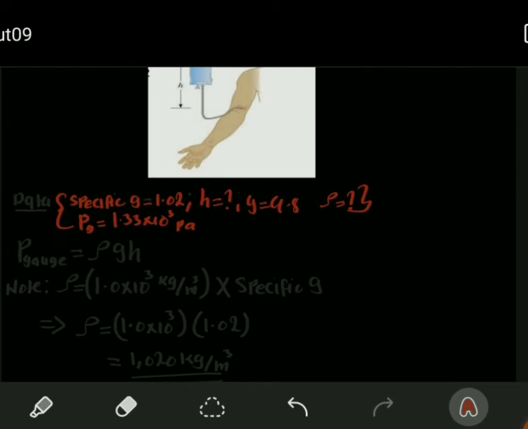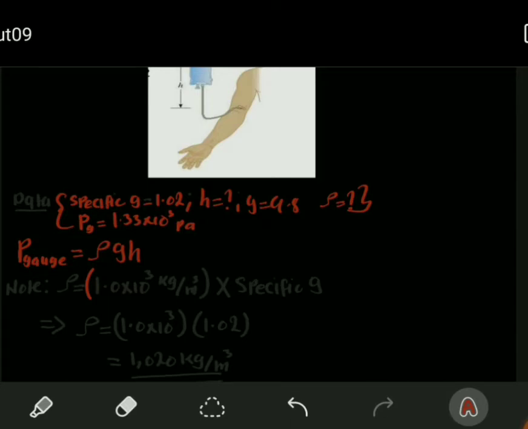But we know that gauge pressure is given by the density of that fluid multiplied by g and multiplied by the height, or the depth if it is below the surface. Now how do we obtain the density of this solution?